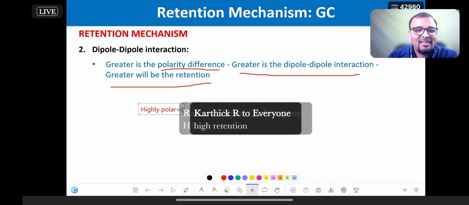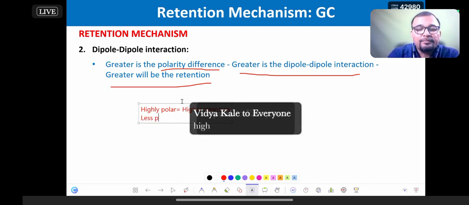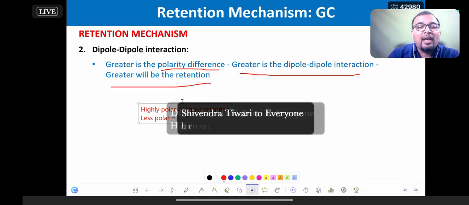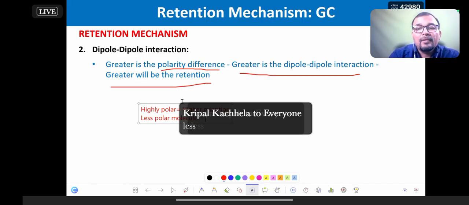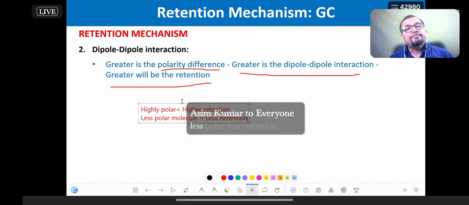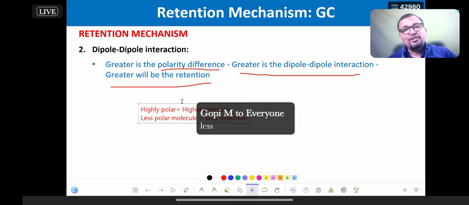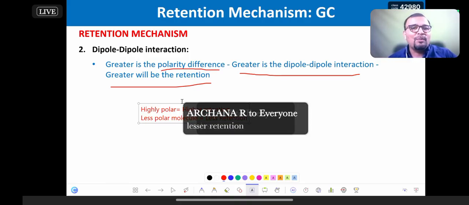Higher retention. Yes or no? Type in higher retention in the comment box. Right? And a less polar molecule will have less retention. Yes or no? Less retention. Are you getting my point now? So depending on the polarity of the compound, the retention can vary. Higher the polarity, higher will be the retention. Less is the polarity, lesser will be the retention.